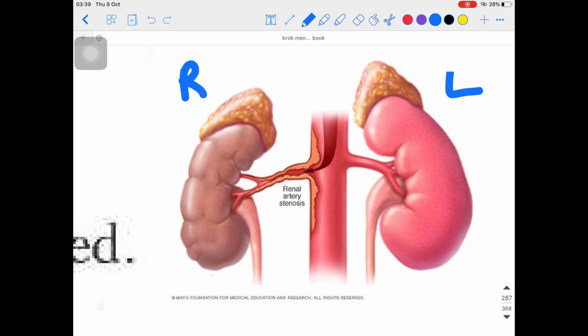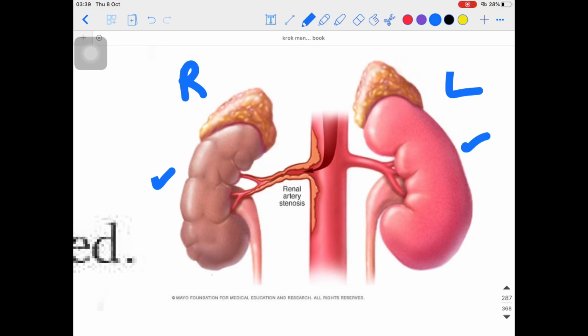This poor kidney will not be having the proper amount of blood supply, so blood supply will be reduced over here. Due to that, look at the color of this kidney, reddish. Look at the color of this kidney, grayish kind of color, due to the anemia, right? Sometimes if the artery is getting older, in older age people, obviously you can understand that problem can happen.